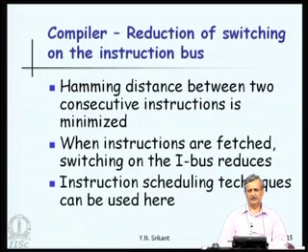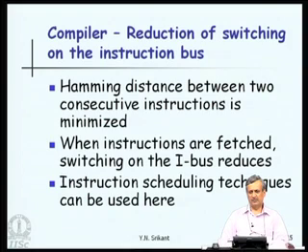So, if the bit pattern is 1 1 1 0 1, the other one obviously if it is 0 0 0 1 0, then the number of switches from one instruction to the other is maximum. Whenever there is a 1 in the first instruction, there is a 0 in the second one. Whereas, if the instructions are 1 1 0 1 and 1 0 0 1, then the number of switches is only 1.